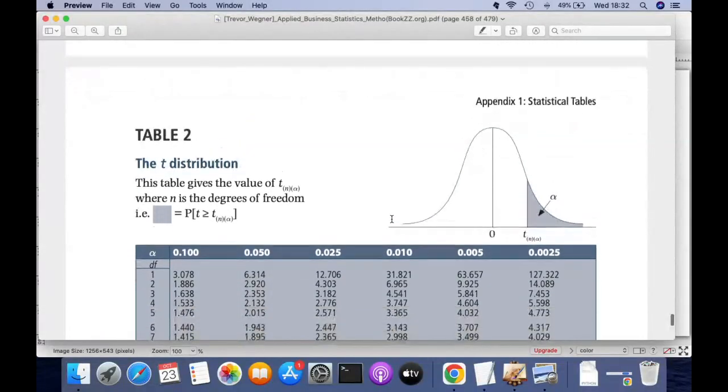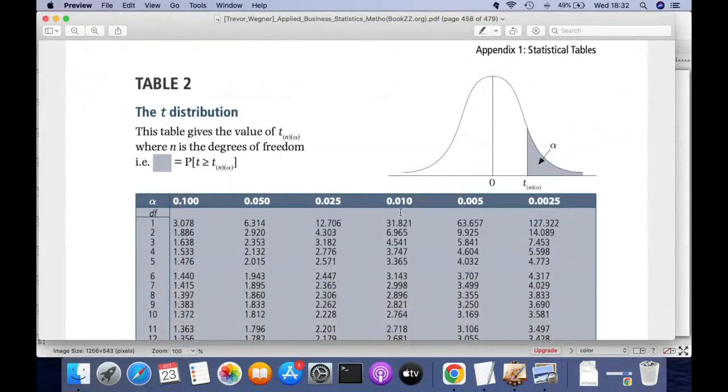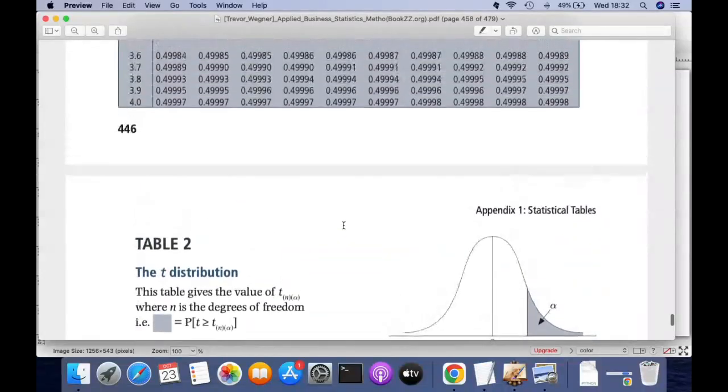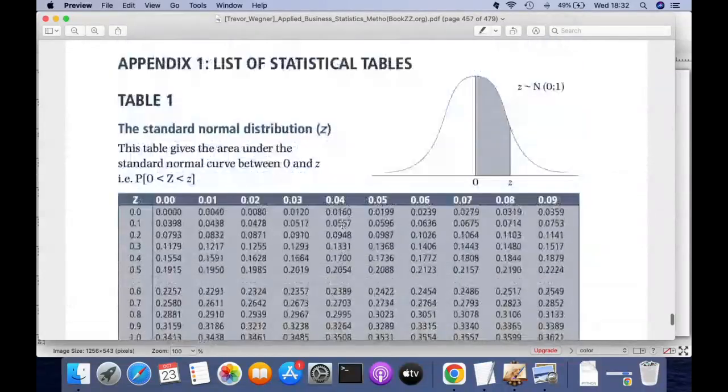Now, why it's a bit annoying is that the t table, this table that you have here, you read it the opposite way of how you read the normal distribution. So let me go back to the normal distribution and just give you a quick recap.